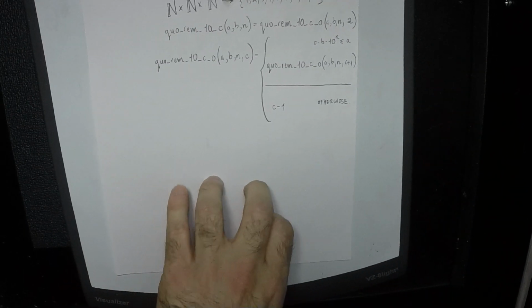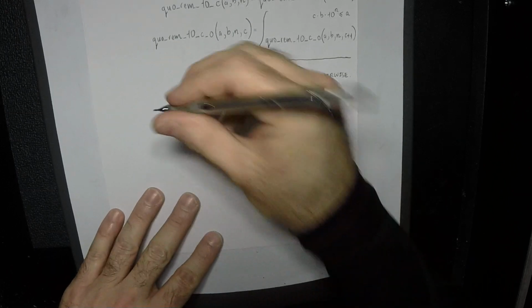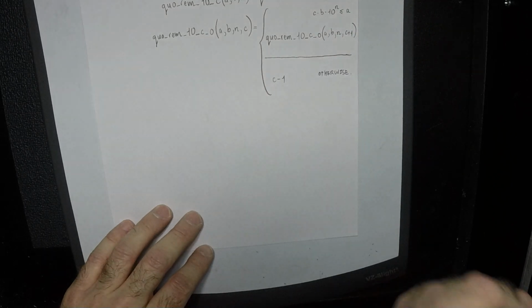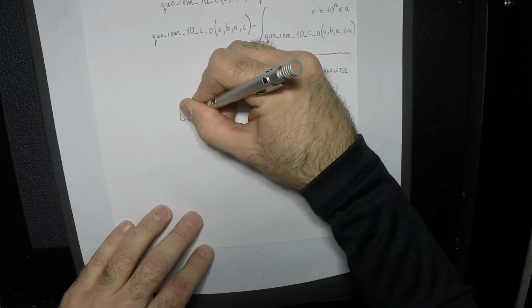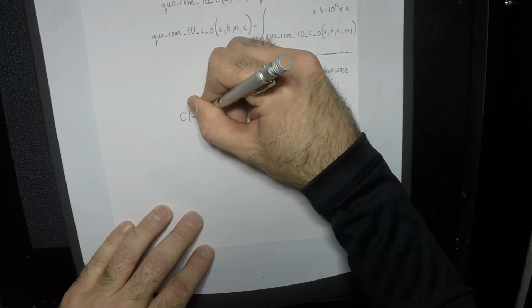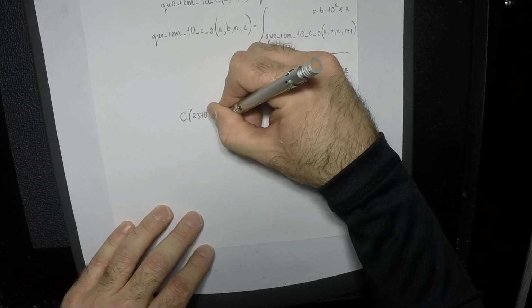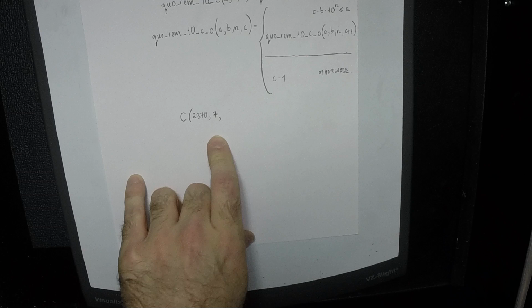So let's do a quick evaluation of this just to try it out, just to see what it's like. Except instead of writing that, I'll write capital C or something. So capital C of 2370 dividing by 7, and we'll say that we've determined that the exponent is 2.